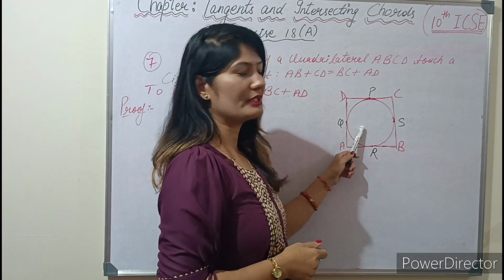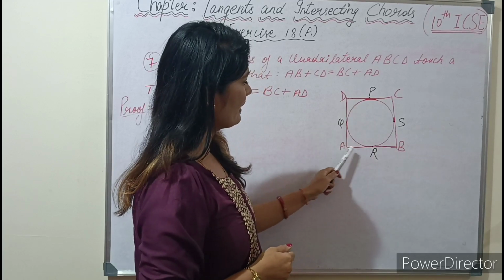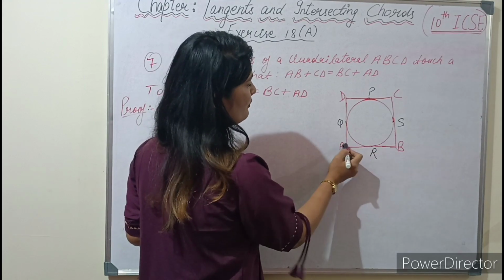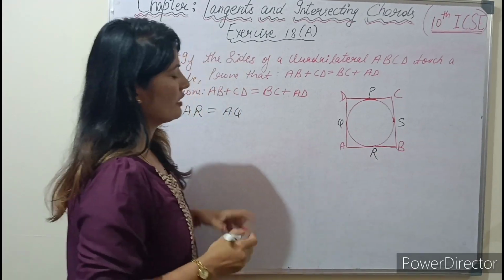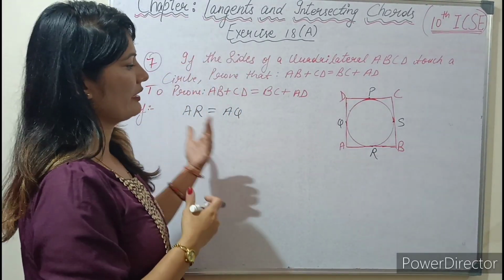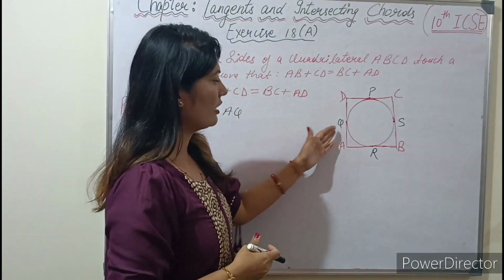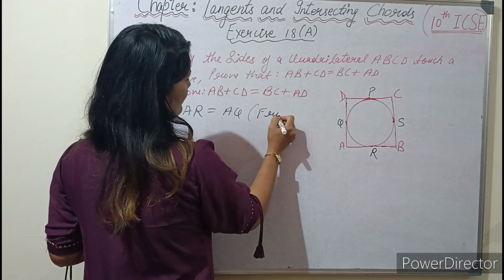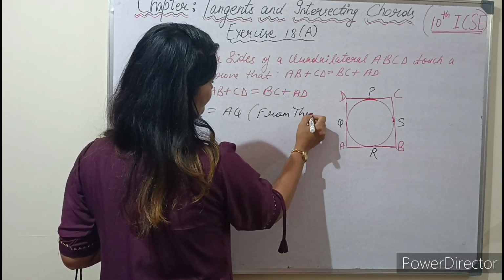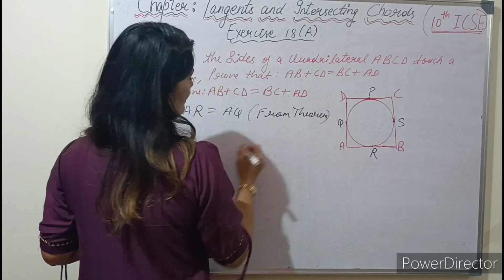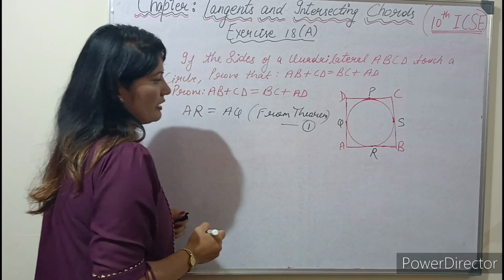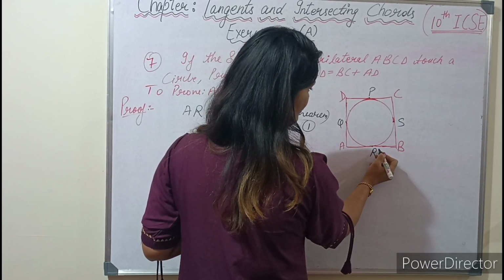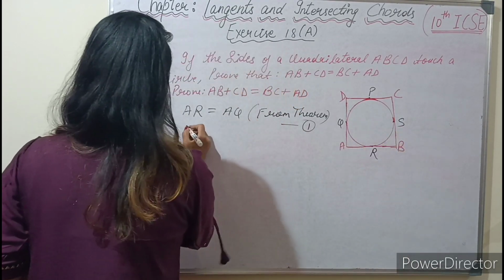If you see it clearly, this is a circle and AR and AQ are the tangents passing from an exterior point A. So wherever the tangents are passing from an exterior point, the tangents are always equal. This is from theorem. So here in reason we can write from theorem. This is equation 1.